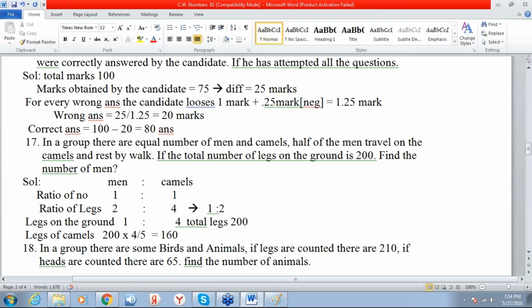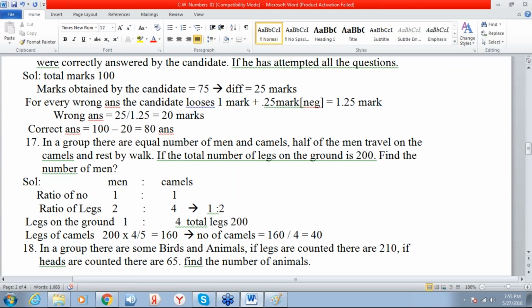So number of camels is 1/4 of 160, which is 40. Number of camels is equal to 40. Each camel consists of 4 legs, so 160 divided by 4 is equal to 40.